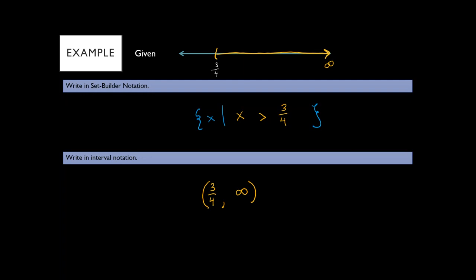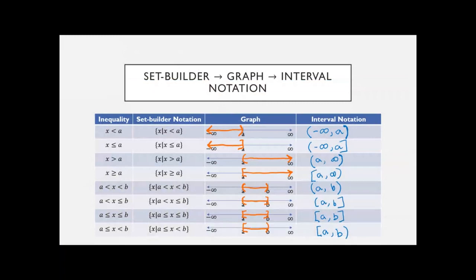Now, if we go back to that chart that I had, you can use the chart, but you're looking for where the graph looks like what I have. This graph looks like what we were given. So if you go to the left, you ask, okay, what's A? A was 3/4, so then you just plug it into your set-builder notation.